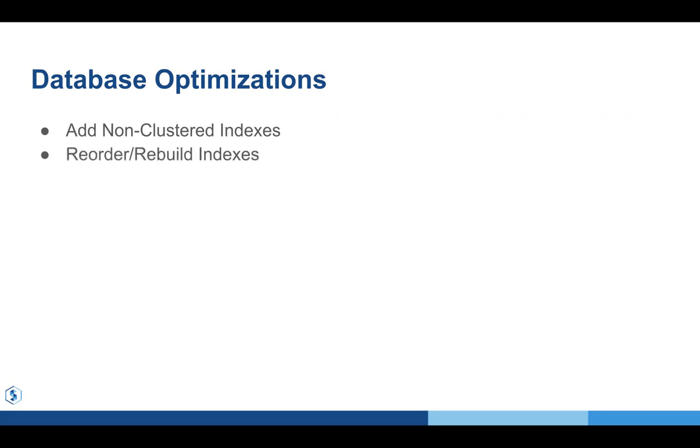The second one is to reorder or rebuild indexes. So if we already have existing indexes, we will need to do this if the existing indexes have a lot of fragmentation. Fragmentation is a disorder in the index.